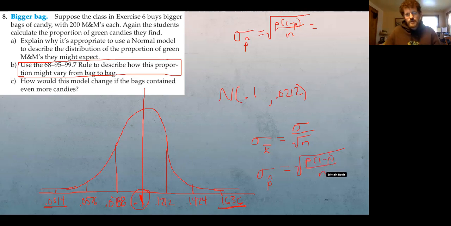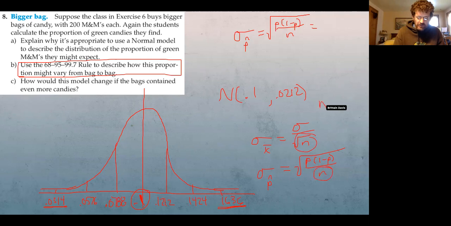So we have an inverse relationship with n in both of these. As n goes up, your standard deviation will go down. As your divisor gets bigger, your quotient gets smaller. And that's the way it works here.